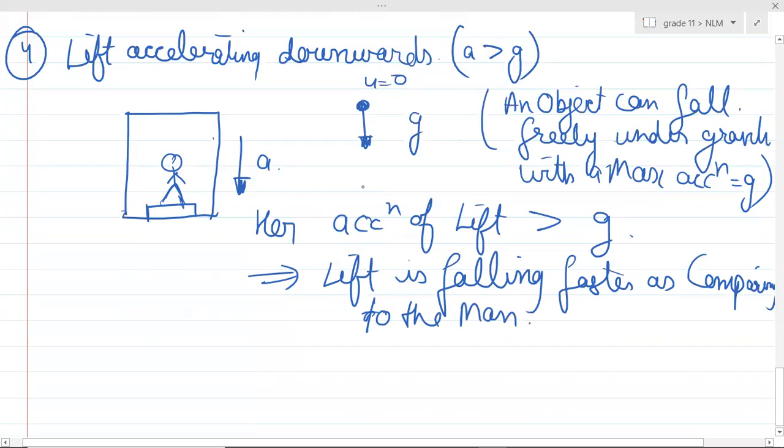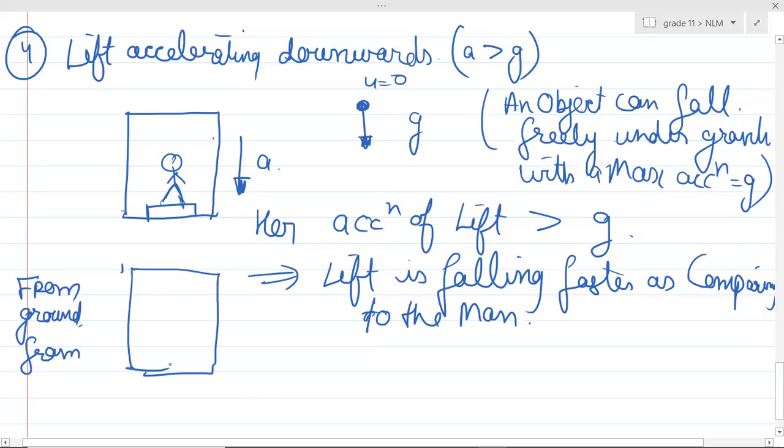Yes or no? So if the acceleration of the lift is greater than that of the man, what happens from the ground frame of reference? You will feel like this guy is falling with an acceleration equal to g, whereas the lift is falling with an acceleration a, and a is greater than g, right?